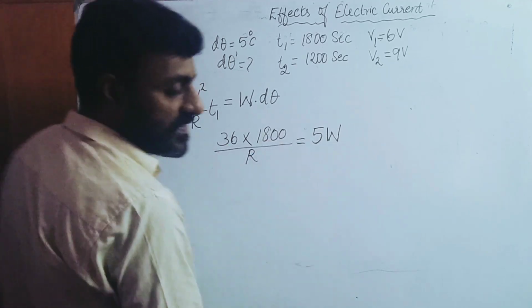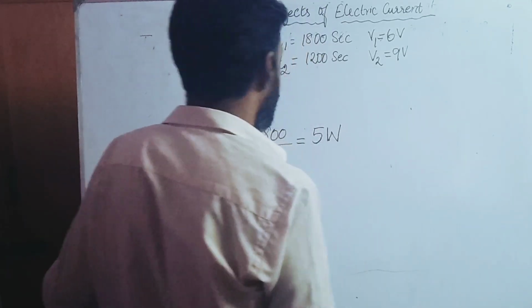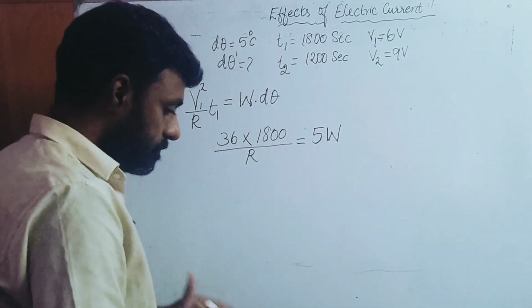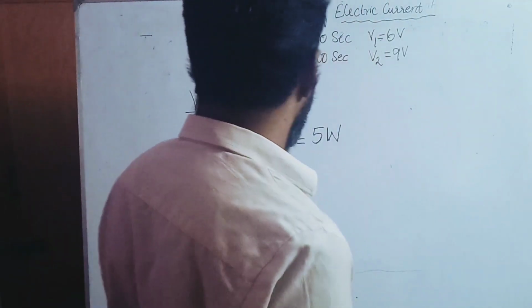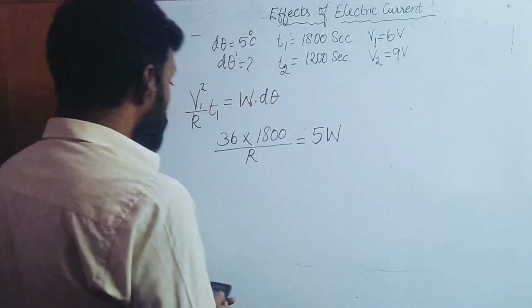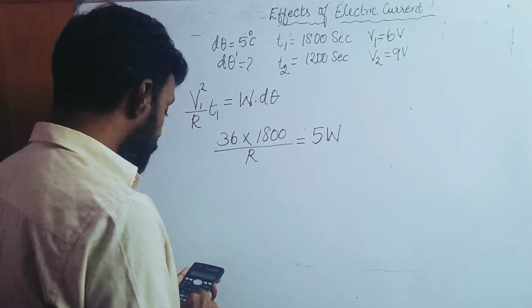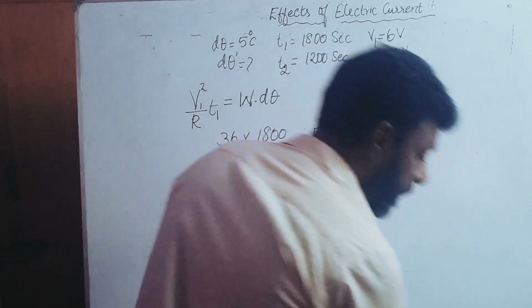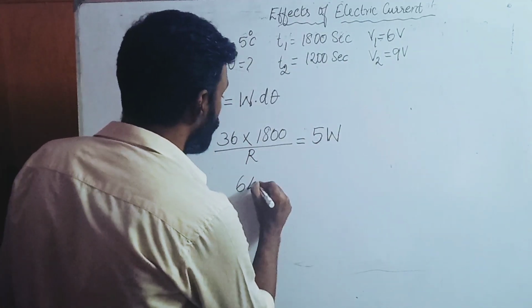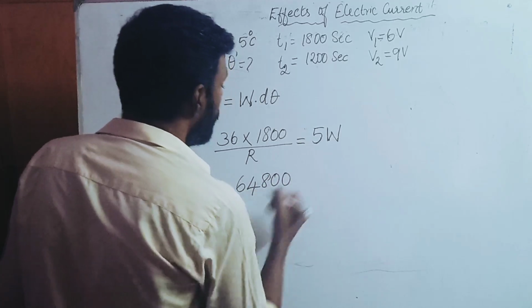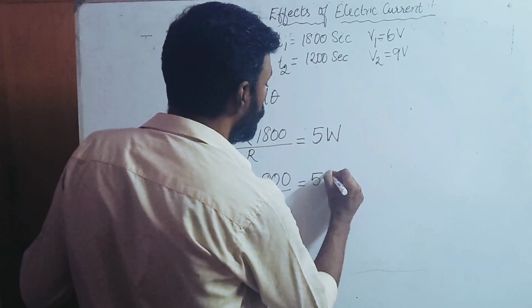So what is 36 into 1800? 36 into 1800 will be 64,800. It will be 64,800 divided by R equal to 5W.